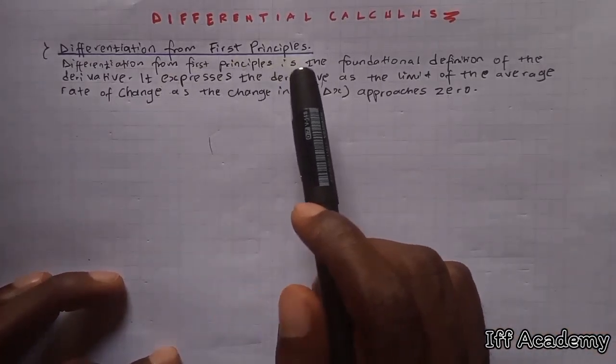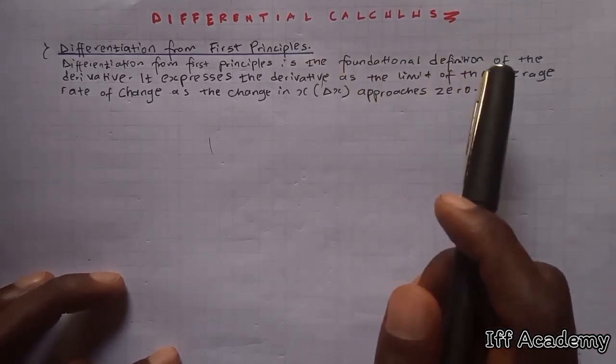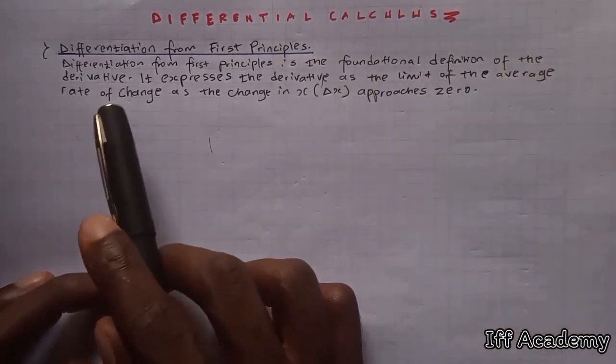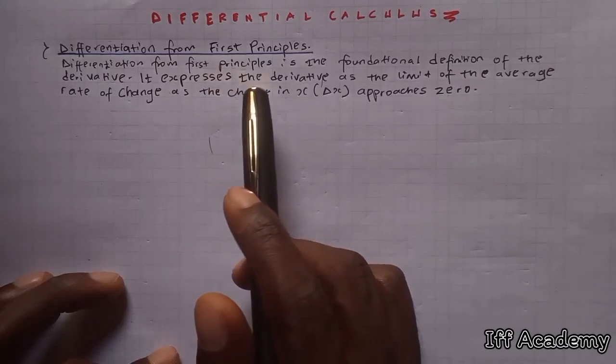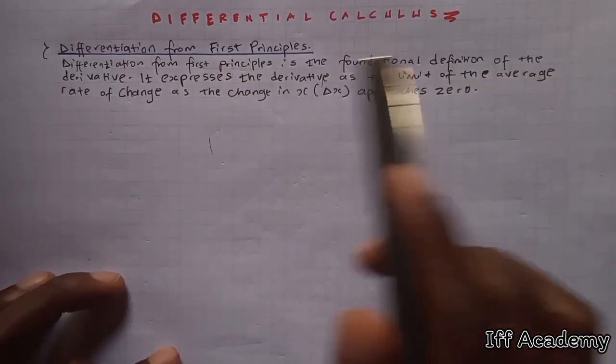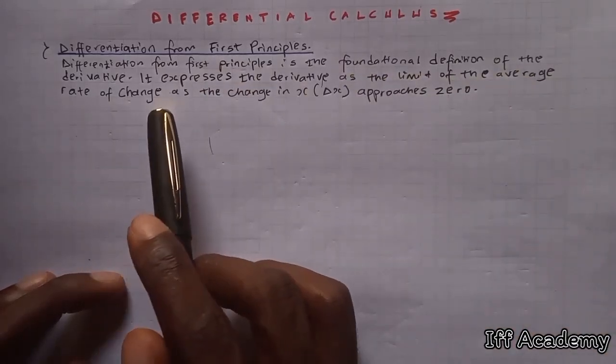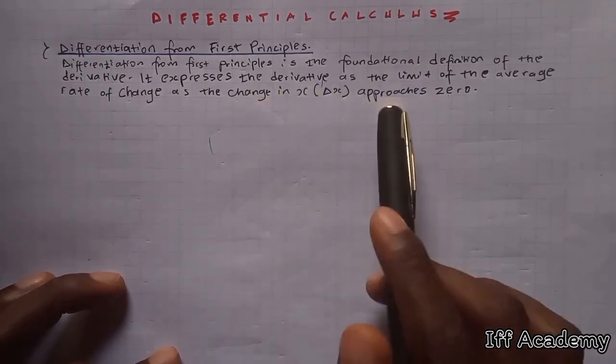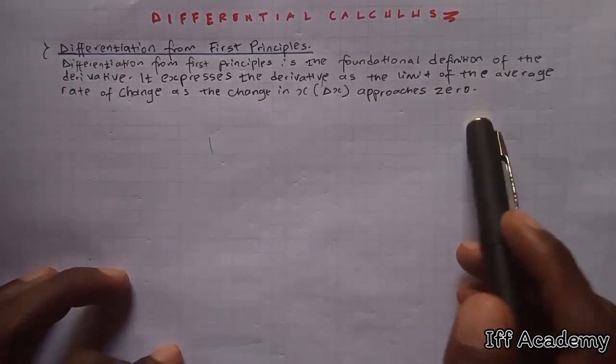Differentiation from first principles is the foundational definition of the derivative. It expresses the derivative as the limit of the average rate of change as the change in x approaches 0.